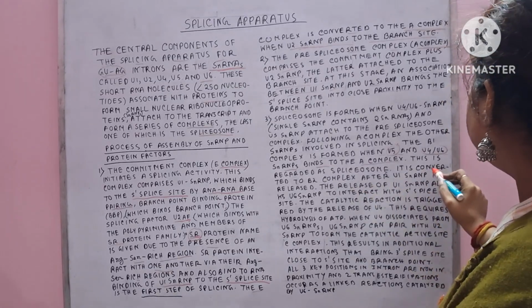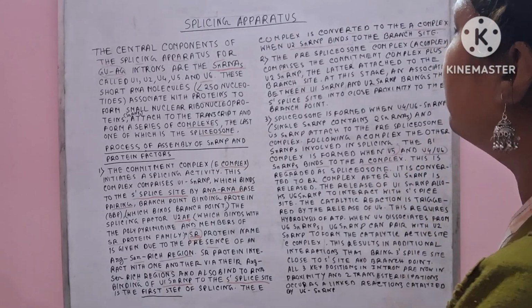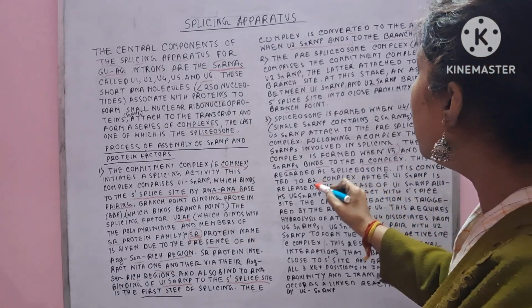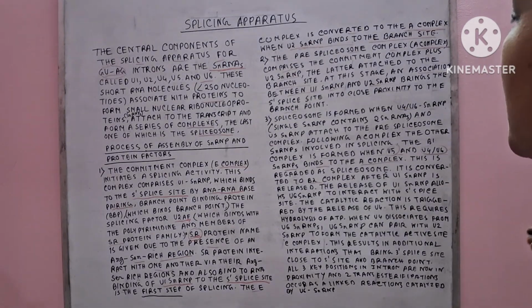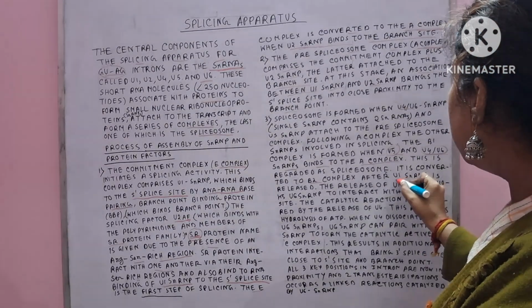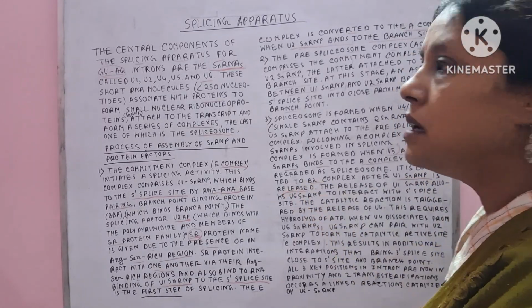Now, okay, this B1 complex is converted to the B2 complex after U1 snRNP is released. Clear?